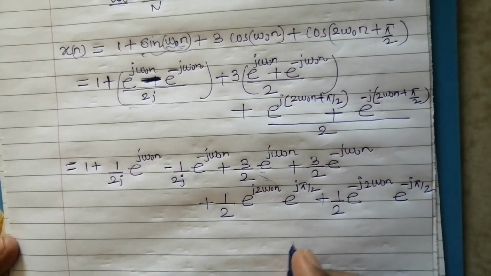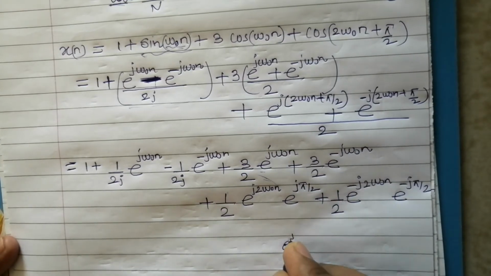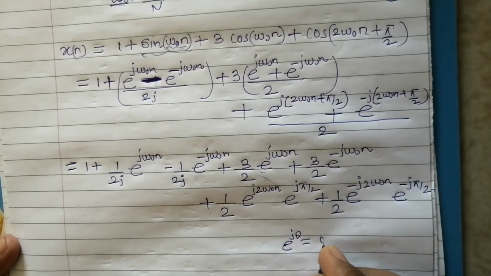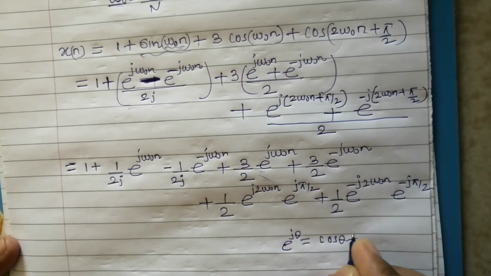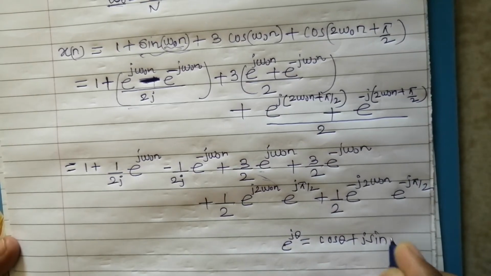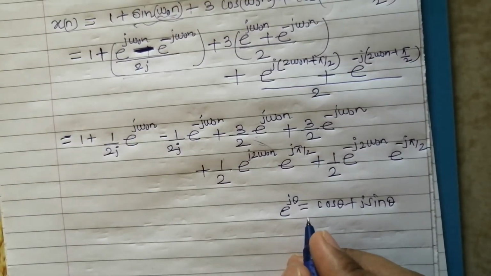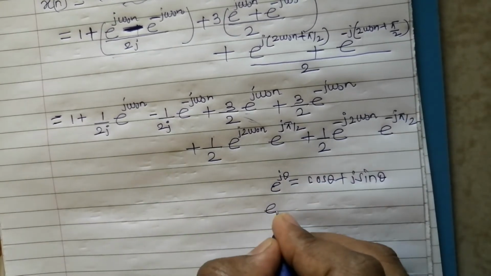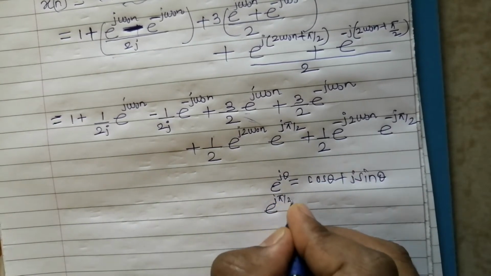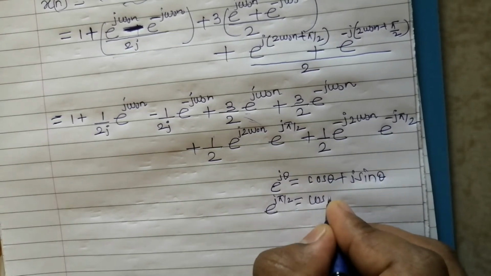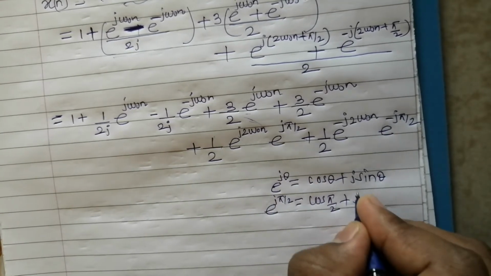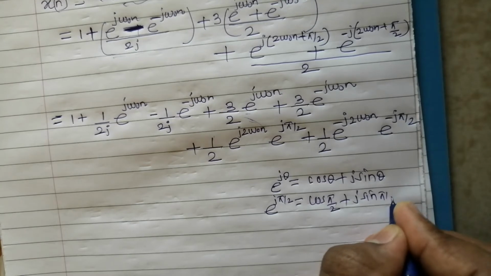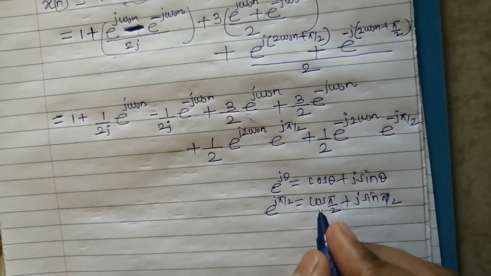As we know, e power j theta is given by cos theta plus j sin theta. So by using this relation we can write e raised to power j pi by 2 as cos pi by 2 plus j sin pi by 2.